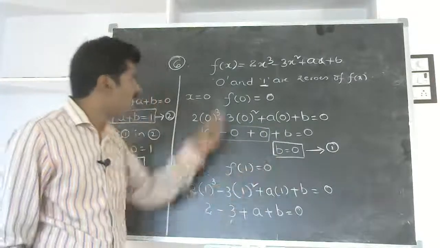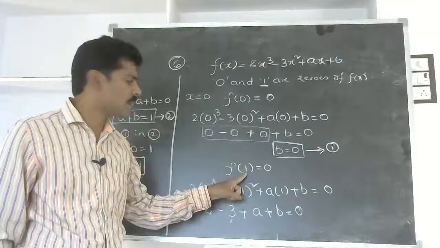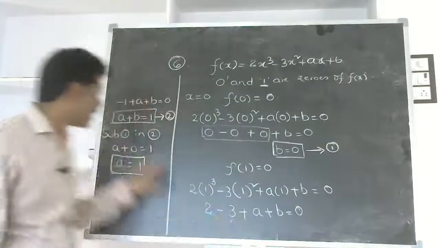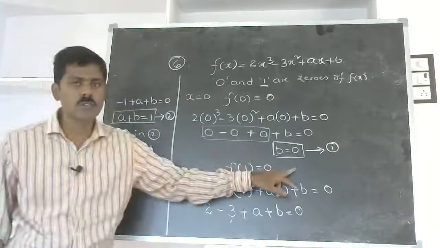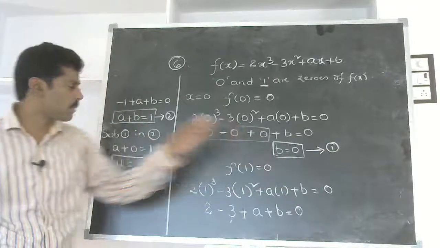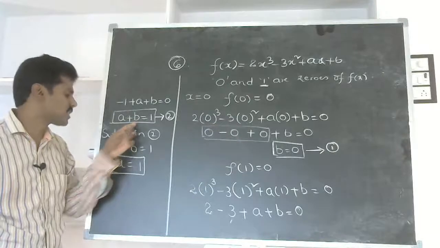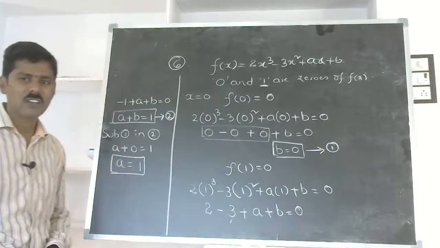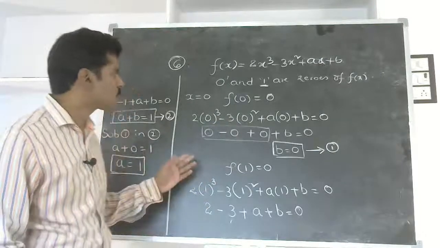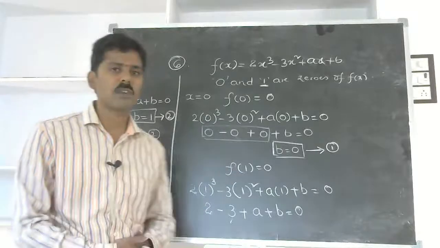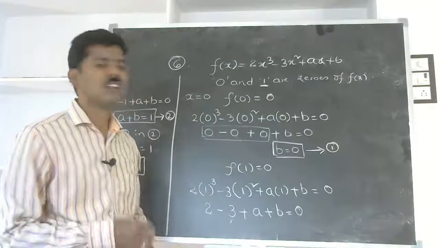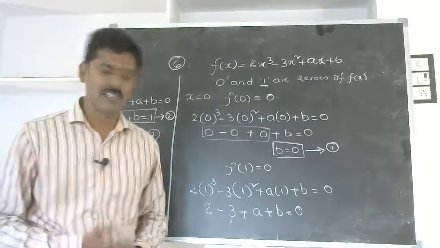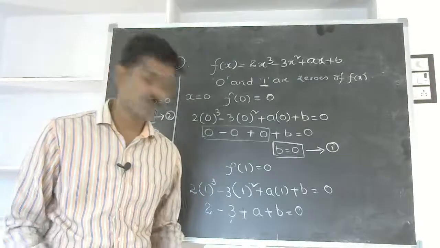Similarly, I have substituted the value 1 in the place of x, so that I got the equation a plus b equals 1. I already got b equal to 0, so I substituted that in the second equation and got a equals 1. So the values a equals 1 and b equals 0 are the values of a and b when 0 and 1 are the zeros of the given polynomial. It is a wonderful application that you have to learn.